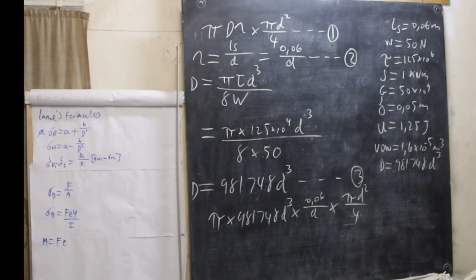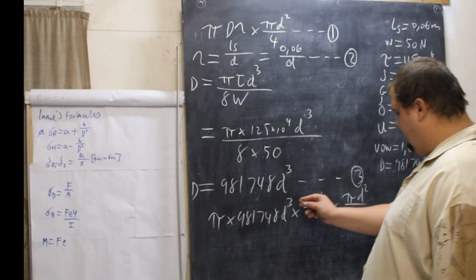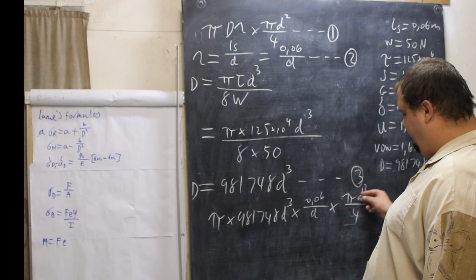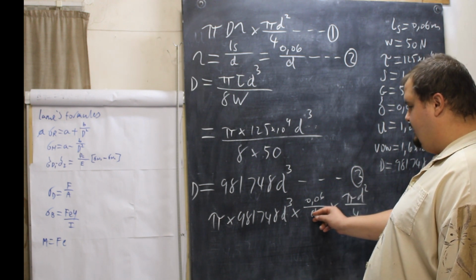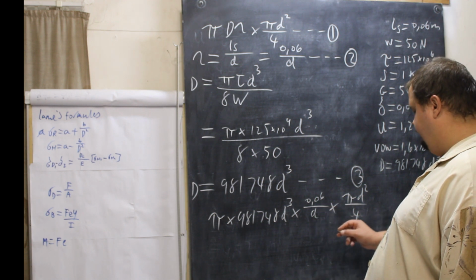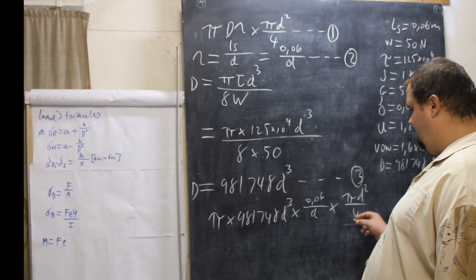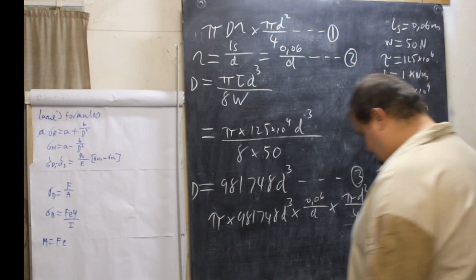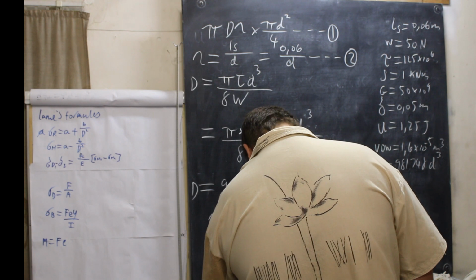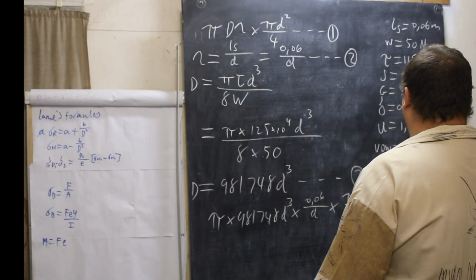So now we have to get all the little d's and all the pi's together. So we have d cubed times d squared is d to the 5, divided by d is d to the 4. So we have d to the 4. This is the volume of the wire.